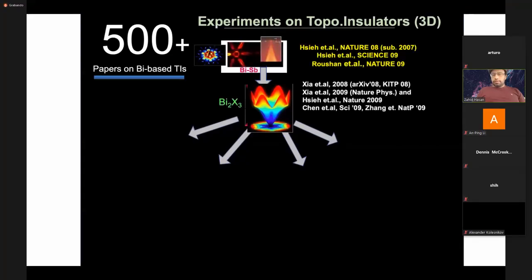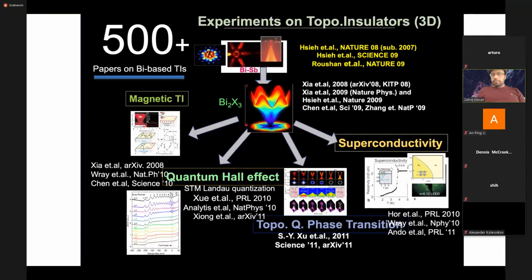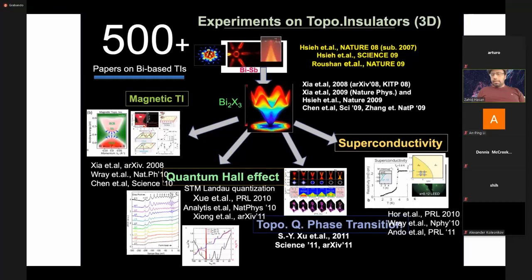Shortly after we demonstrated these properties, this is my slide from 2011. You'll see all the papers are stuck at 2011. And a lot was already happening. There was superconductivity, phase transition, quantum Hall effect, Landau quantization, quantum anomalous Hall effect, at least initial reports, and magnetic topological insulation.